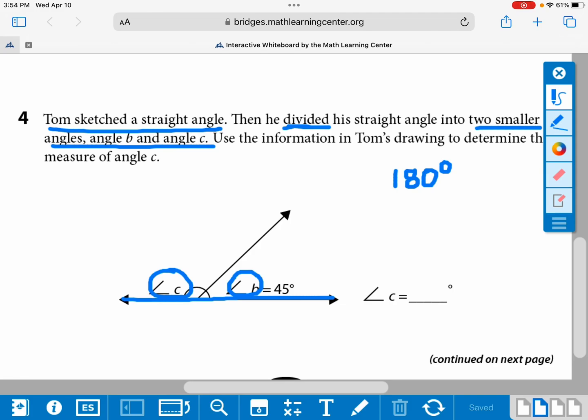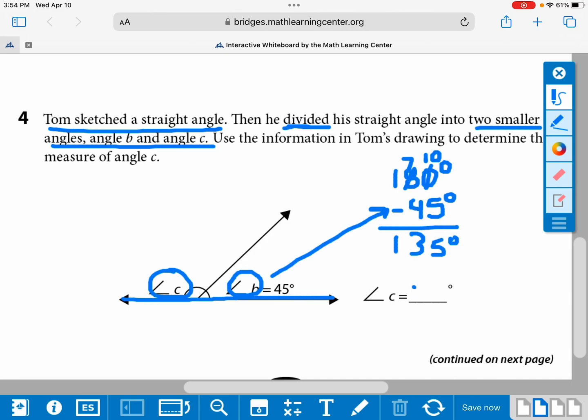So in order to find what angle C is, I need to subtract what angle B is. All right, so I'm going to bring that up here. Subtract. From here, I just use my basic math to get 135 degrees.